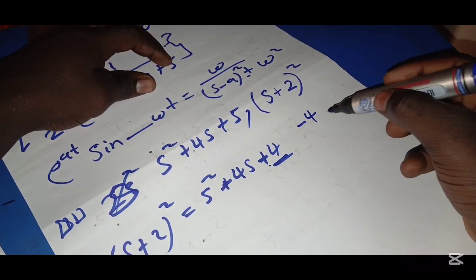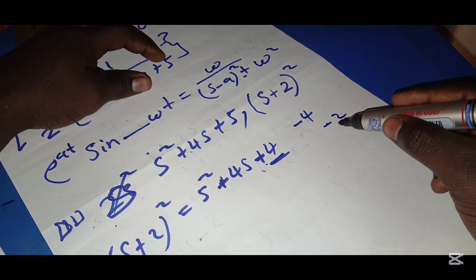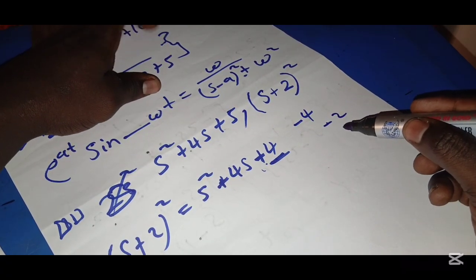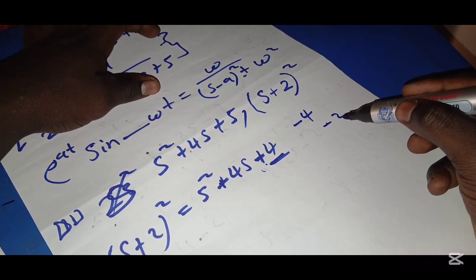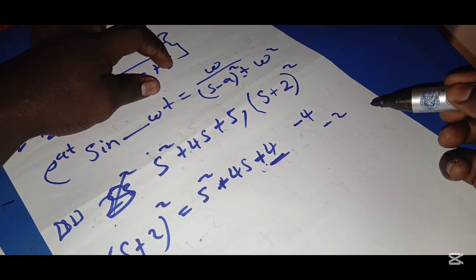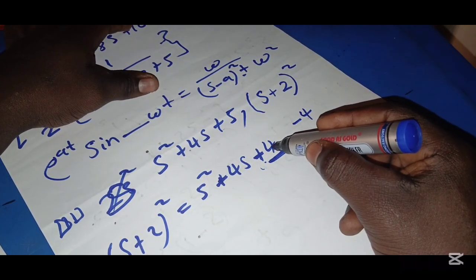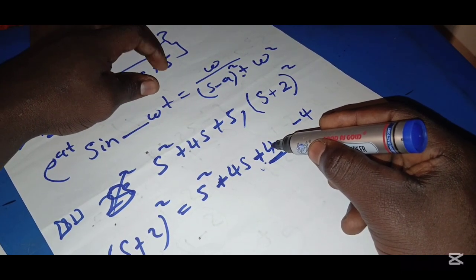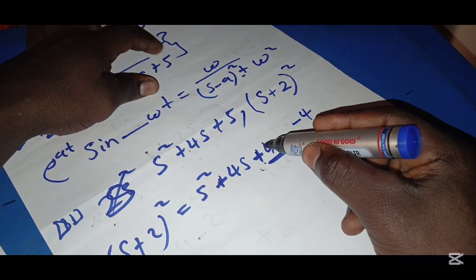Assuming this term here was minus 2, it means that this 5 here was actually more than that, but we deducted minus 2 from it, giving us 5. So it means that this one was actually 7. Now that this one is positive 4, it means that this one was actually not 5, because we added 4 to it to give us 5.